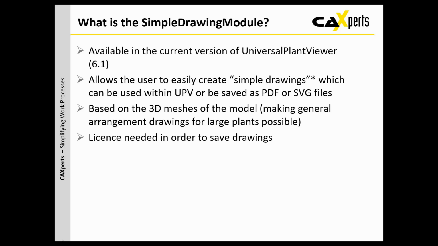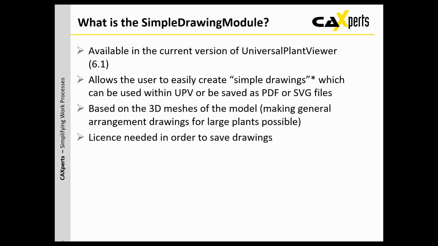The tool is based on the 3D meshes of the model. So that's one reason why we call it simple drawing. We really look at the 3D mesh data in there. So if you have a pipe in a triangular or hexagonal shape, it will be a hexagonal shape on the drawing. So we don't really draw cylinders.